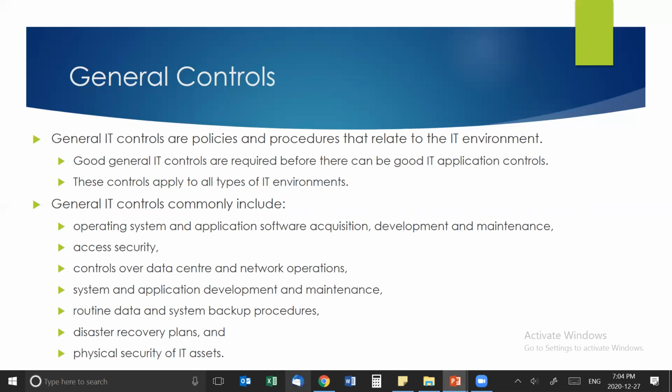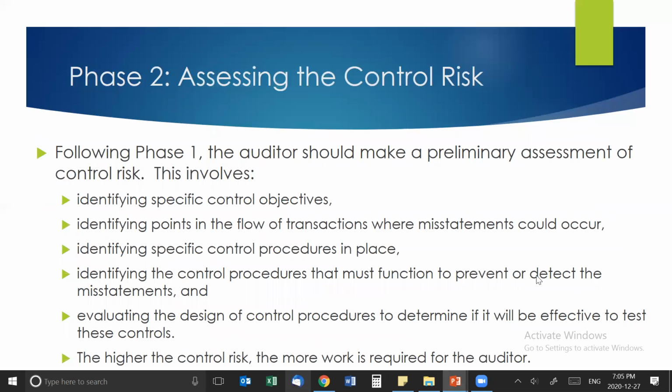Is there a disaster recovery plan? What are the backups, right? Are regular backups happening, maybe weekly or daily? Is there physical security of the actual IT assets, the backups and the actual system? Right, so you're trying to understand the control environment and what type of controls there are.